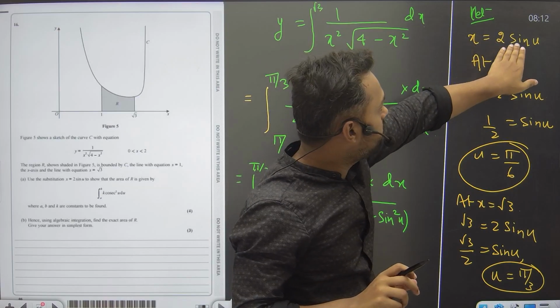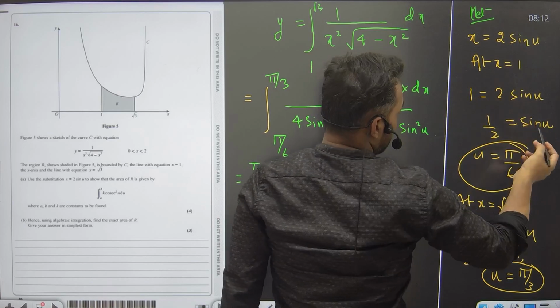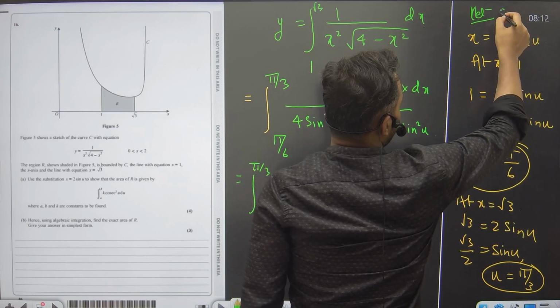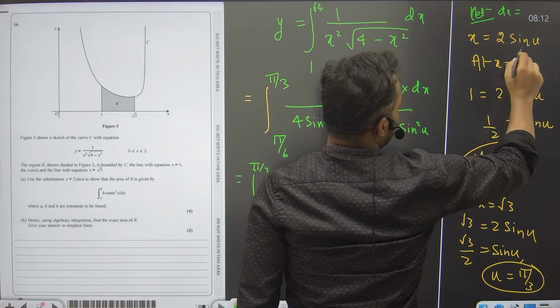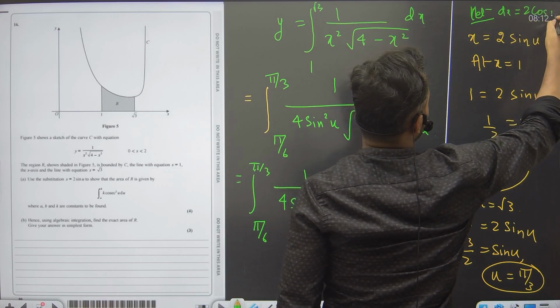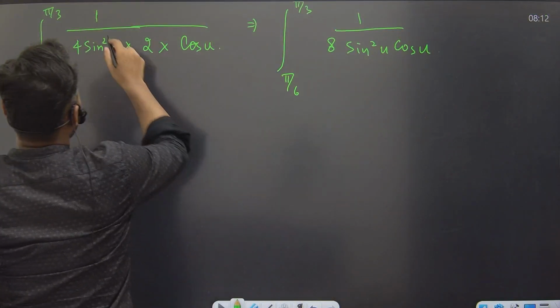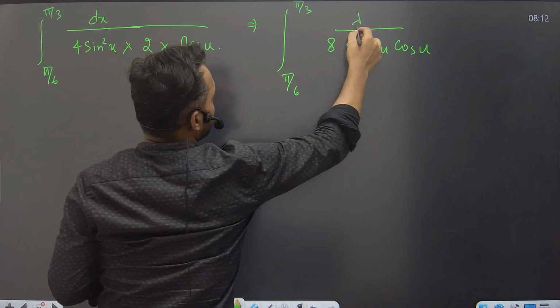So dx will be equal to the differentiation of 2 sine u, and the differentiation of sine u will be cos u, so dx will be 2 times cos u. Again, you will be keeping the dx value here, students.